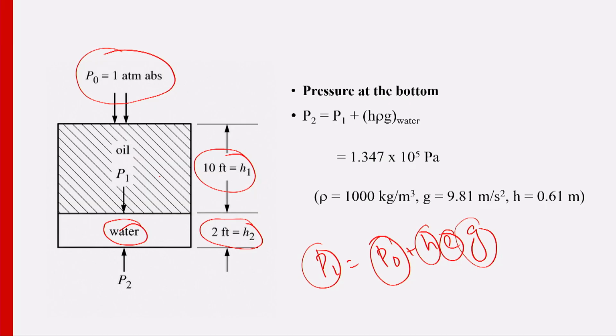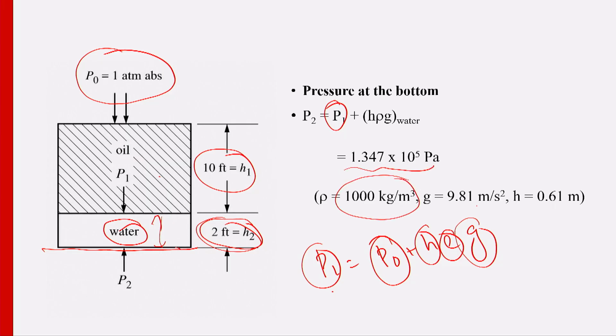Same way for P2, the pressure at the bottom, is the summation of P1 plus this one. We already calculated the P1 value, so we use it for another point. So P2 equals P1 plus H rho G of water. The height here is again the 2 feet of water, then the density of water, 1000 kg per meter cube, and the given gravitational acceleration.